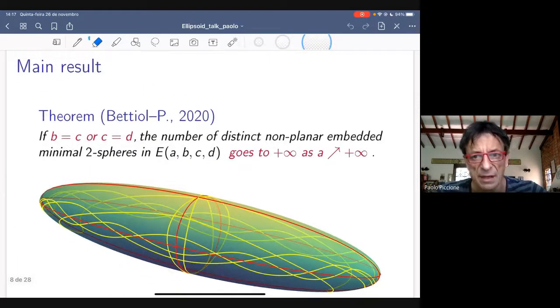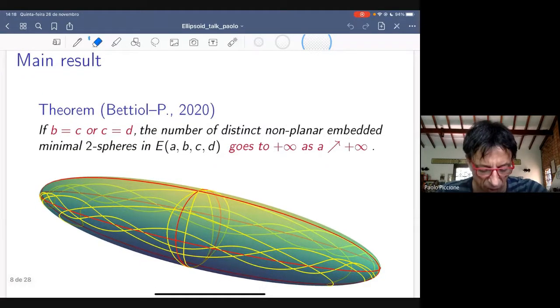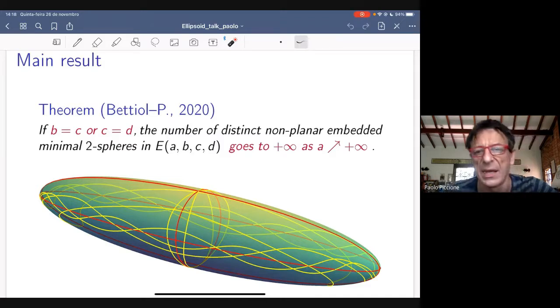So the result that Renato and I managed to prove based on these ideas is the following. Okay, we have to restrict the family of ellipsoids that we consider. That is, we take 2 of the semi-axes equal. So either B equal to C or C equal to D. Okay. So in this case, we have an ellipsoid which is invariant by revolution.